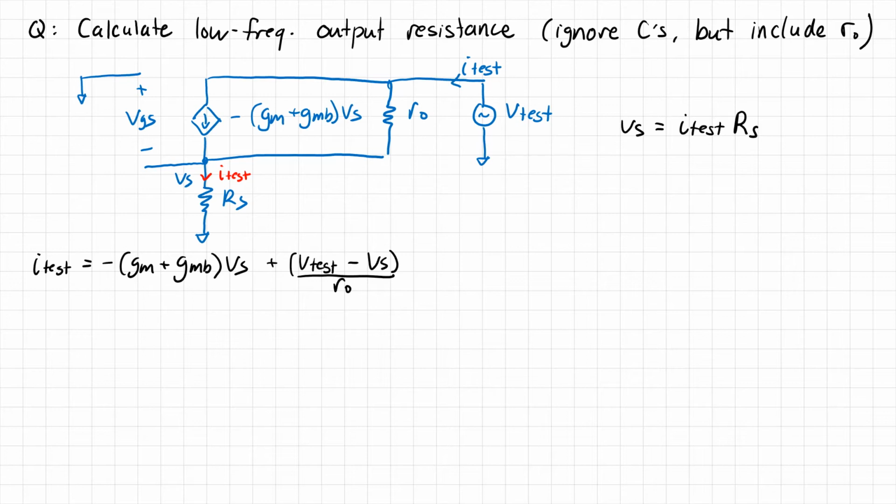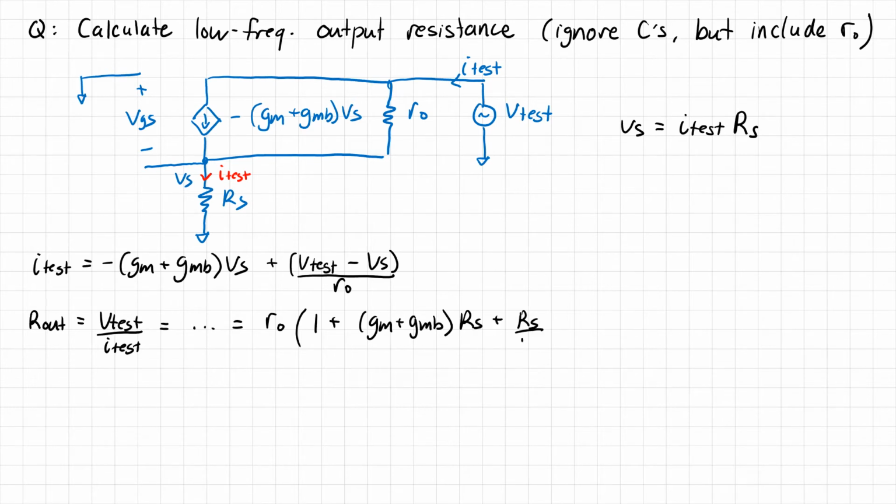We can just substitute in. And so Rout, which is V test over I test, is equal to, and I'm going to skip the algebra because I don't want to spend all this time on it, just write down the answer: RO times (1 plus (gm plus gmb) times RS) plus RS over RO.